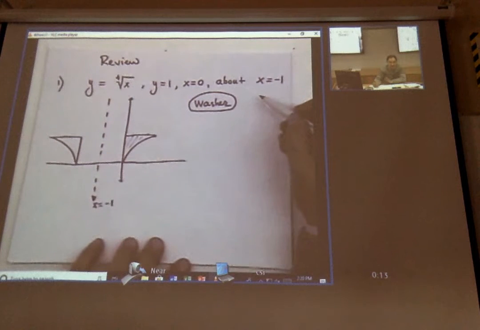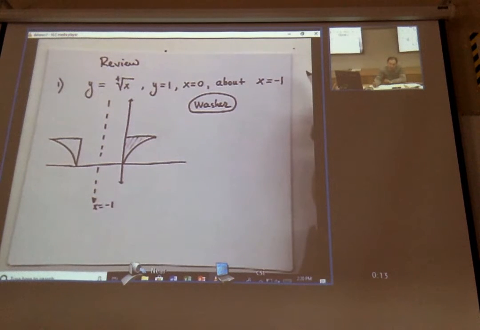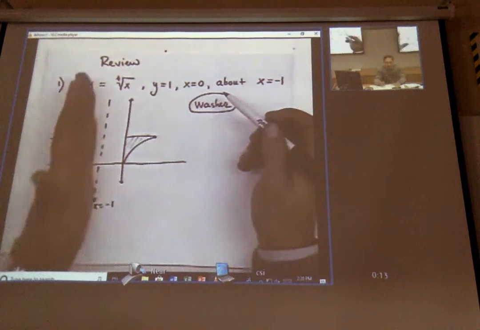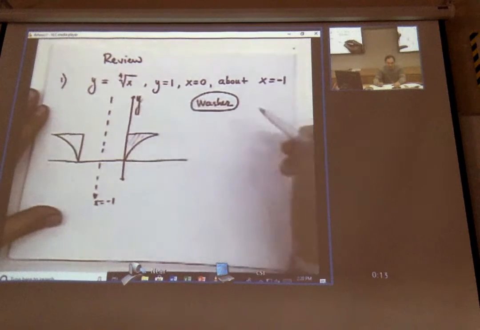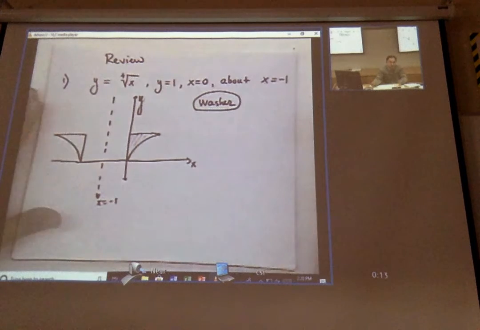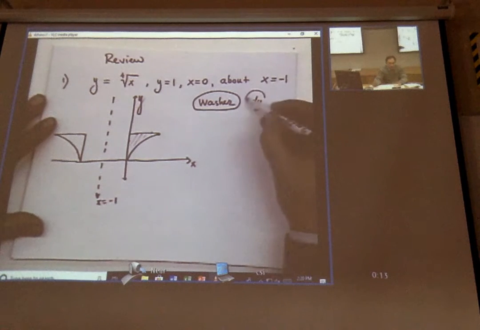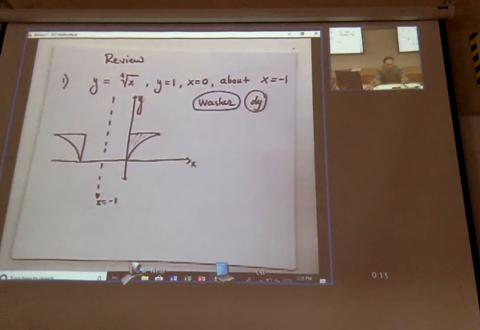Now remember, this is a simple question, but a very important question. So washer, right? The axis of rotation is parallel to what? The y-axis. So for washer, it means dy. Right? I hope you're not confused right now. 100%. Okay, so we have dy.